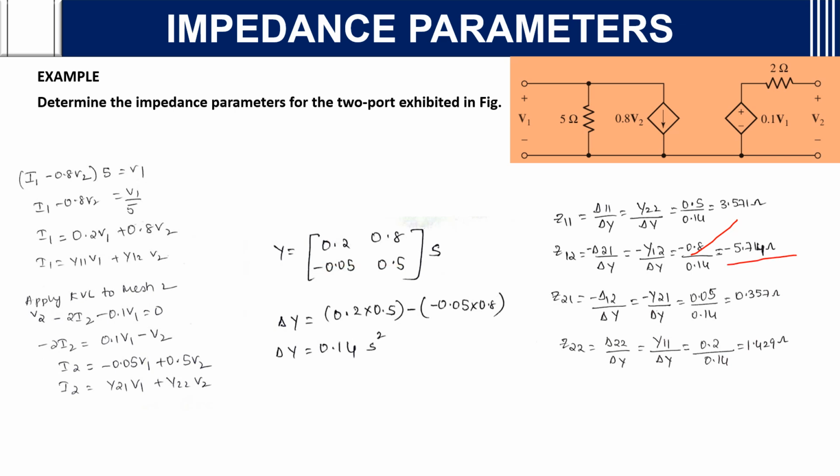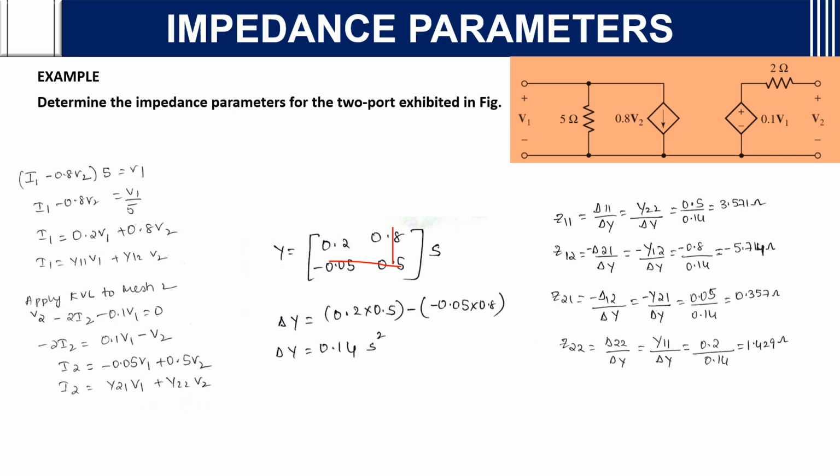Then Z21 is minus delta 12. First row, second column is to be eliminated. The value is minus of minus 0.05, which becomes plus 0.05 by 0.14. You will get 0.357 ohms. Then Z22 is equal to delta 22 by delta y. Second row, second column needs to be eliminated.